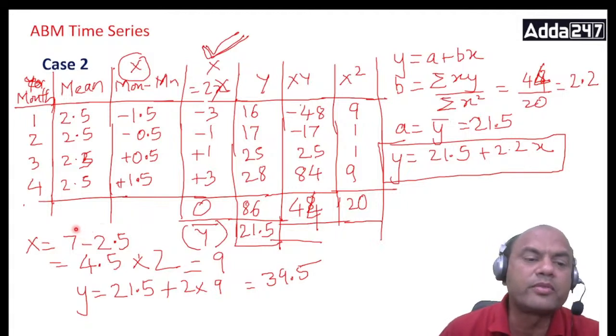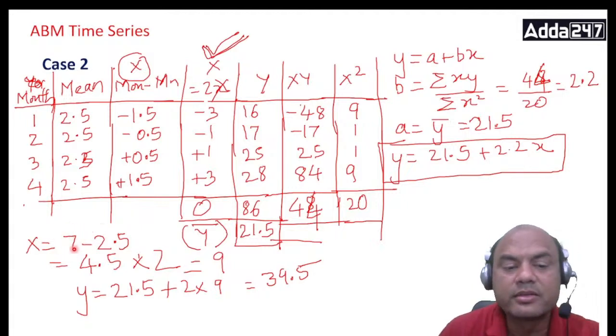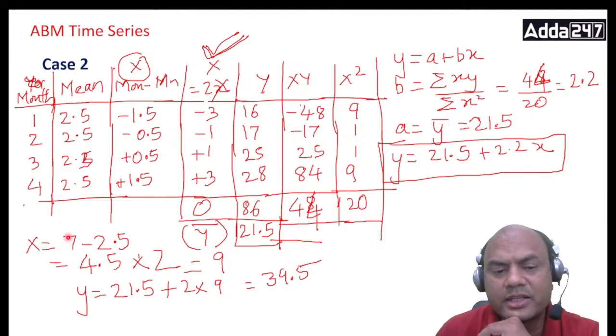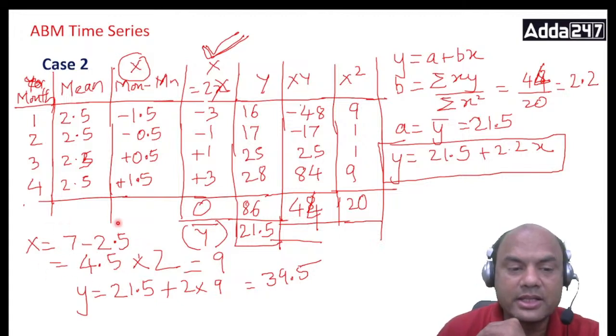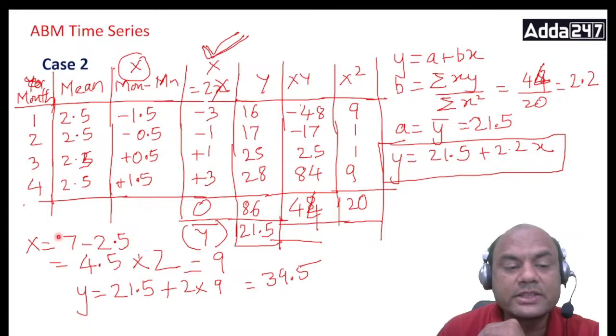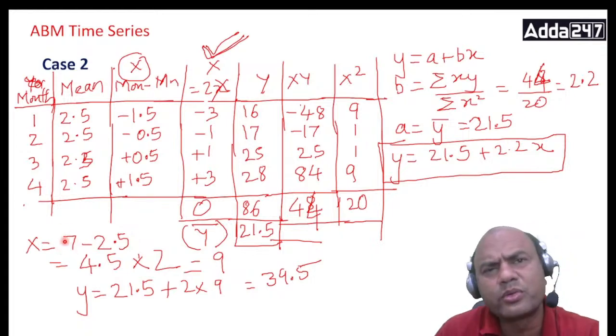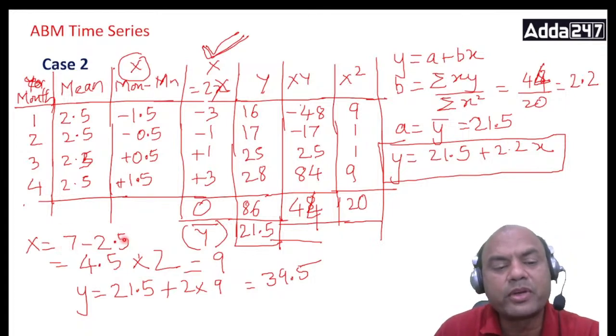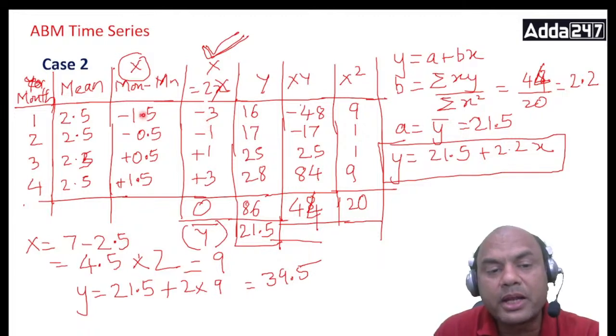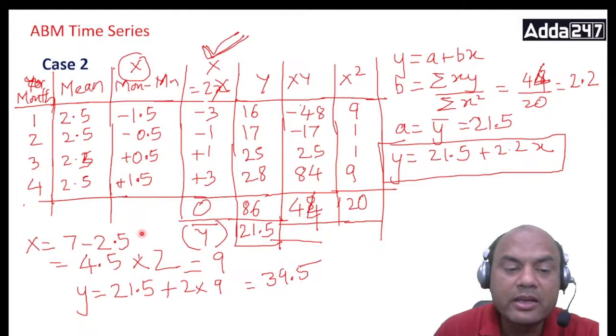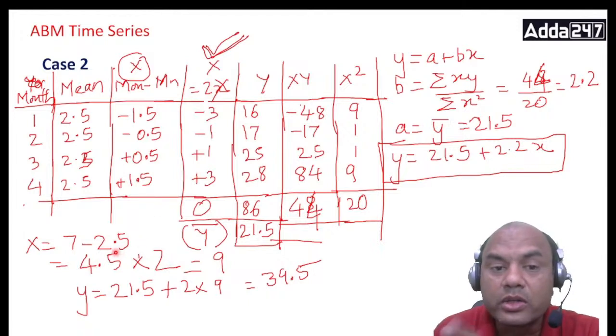Suppose I want the sales in the 7th month. This is the hypothetical example I have taken. If they ask you for the sales in the 7th month, do the same thing. 7 minus 2.5, so it is 4.5. But even as we multiplied by 2 over here, similarly we will be multiplying by 2 over here also.